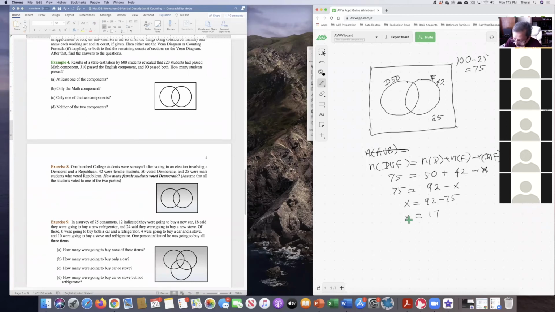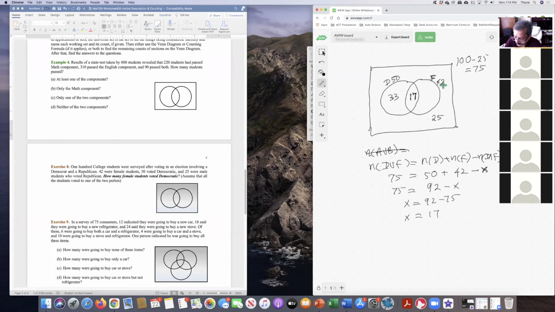Once you figure out the intersection, everything else is straightforward. Okay, so I have 17 for the intersection. So 50 minus 17 is the left side of D, and that is 33.